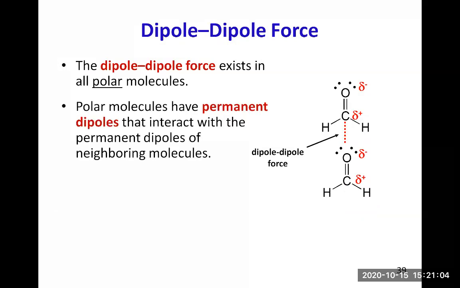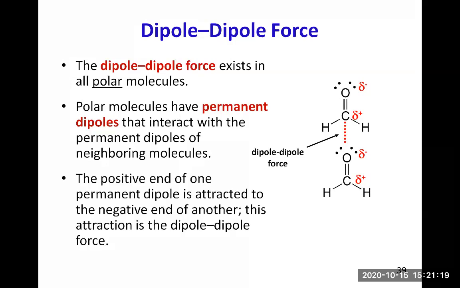Polar molecules have a permanent dipole that interacts with the permanent dipoles of neighboring molecules, so they are attracted to each other due to the fact that they have a dipole moment. The positive end of one permanent dipole is attracted to the negative end of another, and this attraction is the dipole-dipole force.